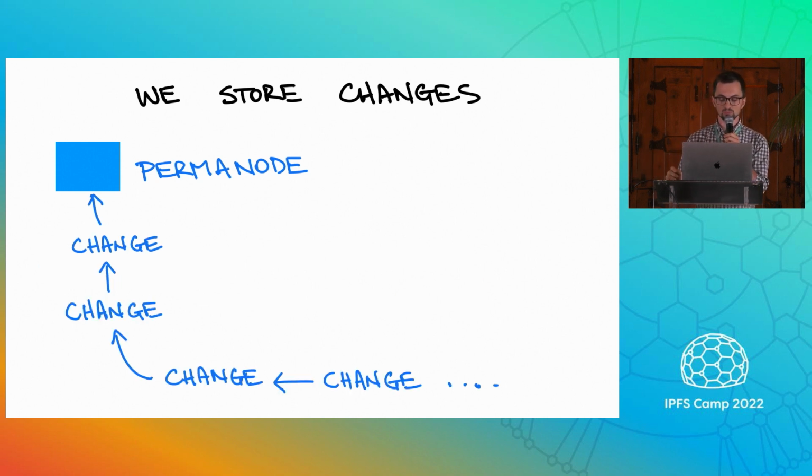And then you add more changes that point to previous ones, forming a hash chain of events, not very different from a chain of Git commits or even a blockchain, although we don't talk about consensus here. We don't need a blockchain for what we do. And those arrows are actually IPLD links. And on top of that, we have our own syncing protocol to actually discover what the version of the object is.